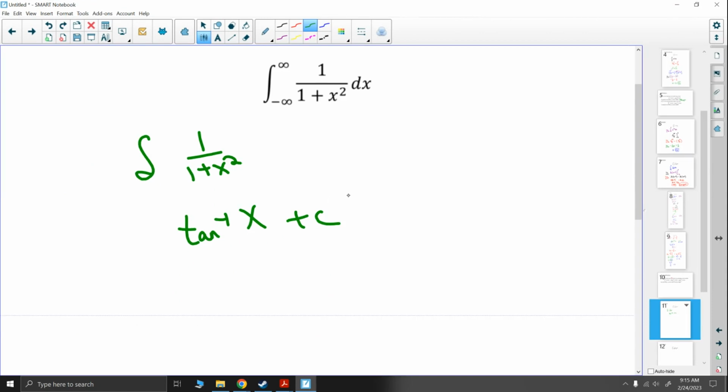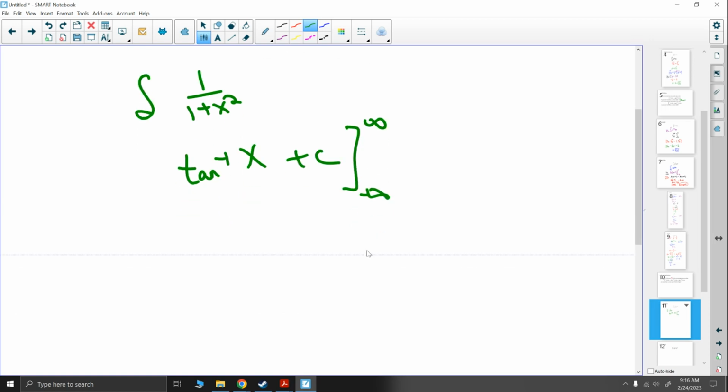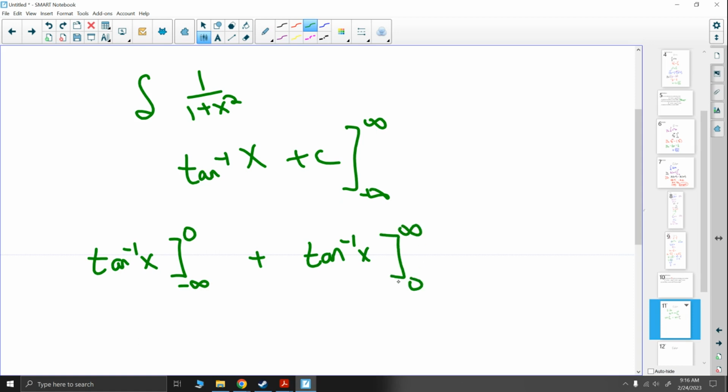And we want to take it from negative infinity to infinity. Again, what we have to do is break it up. So tangent inverse of x, we're going to go from negative infinity to 0, plus tangent inverse of x from 0 to infinity.